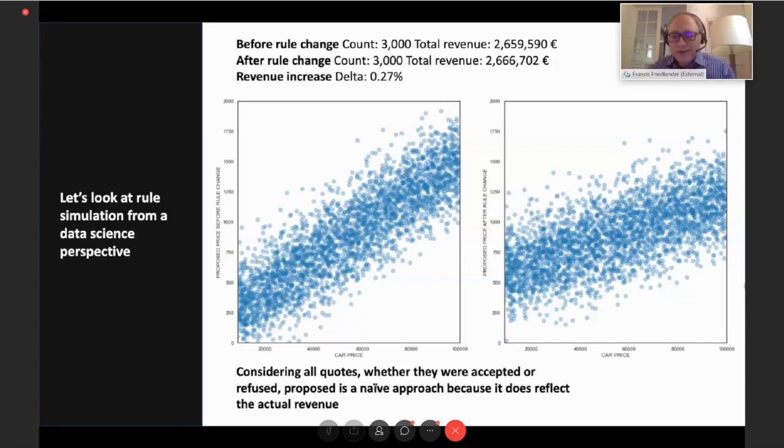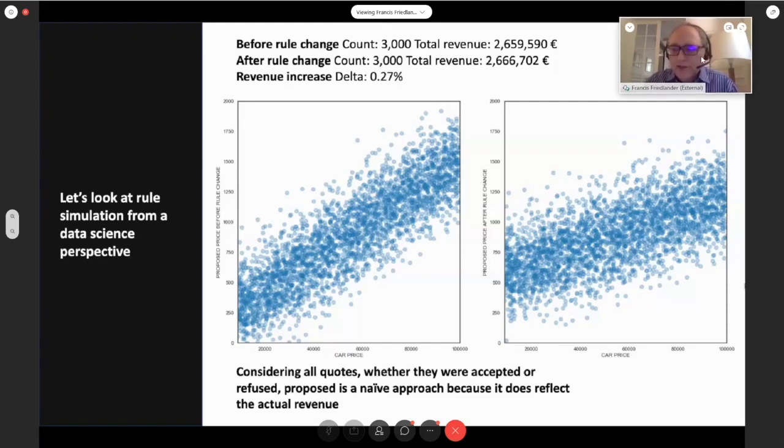And so the key question, if you want to make sure what you are putting in production is sustainable, you would like to know what is going to be the impact on revenue. So one very naive approach would consist in taking all the quotes that were made for the clients with the old rules, and you run again the same input given by the client with the new business rules, and you compare. But it is very naive because many clients did not buy this, did not accept this price.